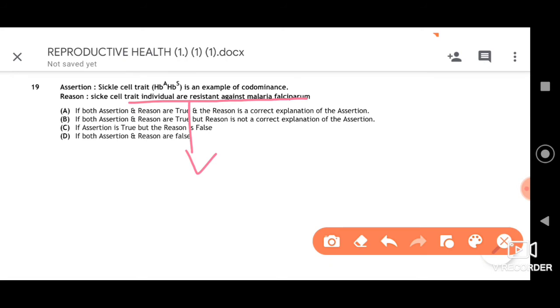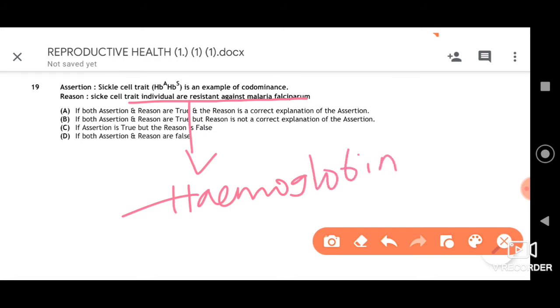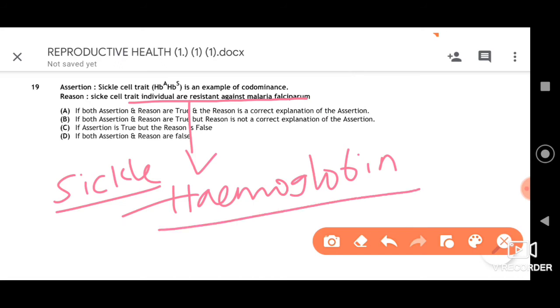It does not let the plasmodium parasite inside our body infect the RBC cells. So the sickle hemoglobin, that is, in the sickle cells affected by sickle anemia, that hemoglobin will avoid the parasite.